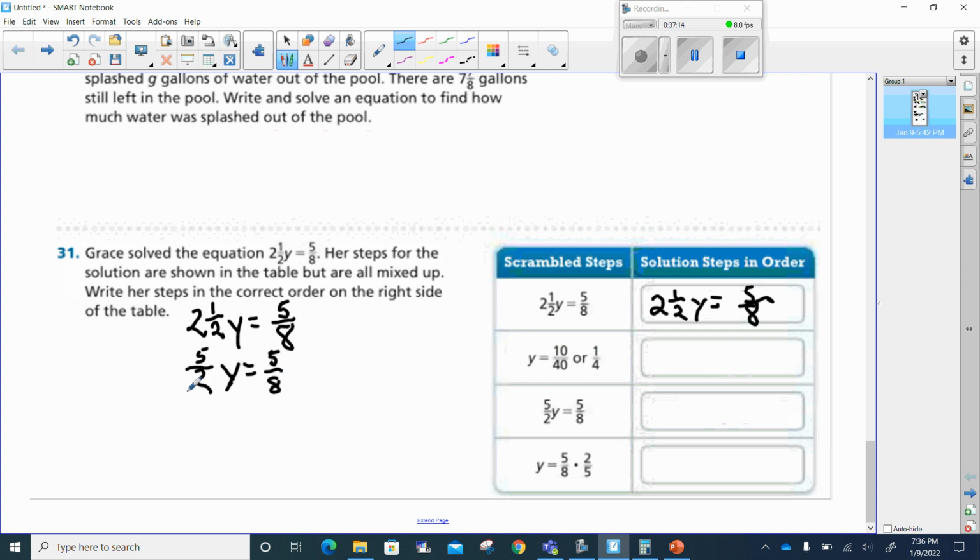All right. Now the next thing would be to multiply. Well, I guess the next step then would be right here, right? 5 over 2 y equals 5 over 8.